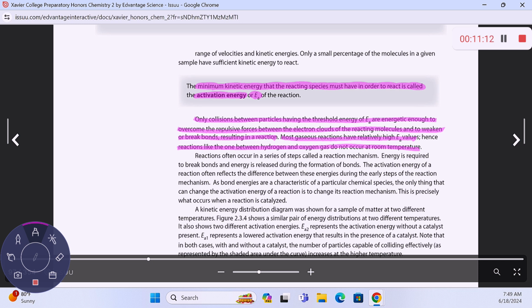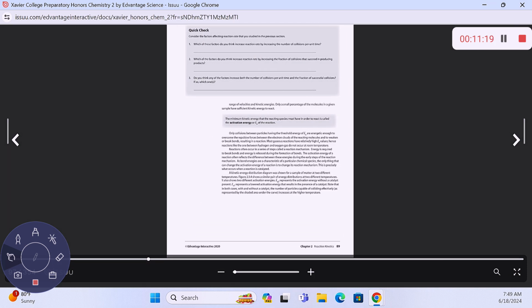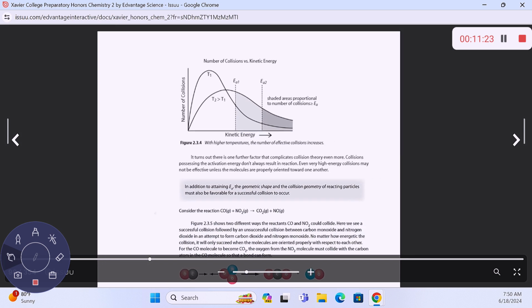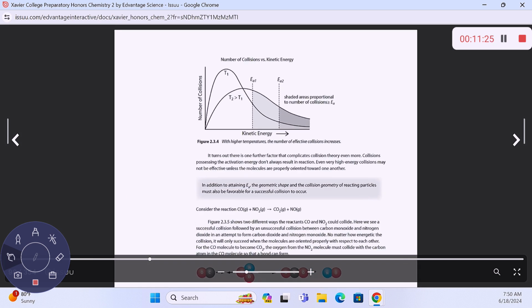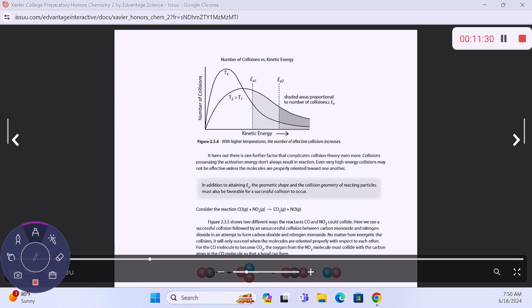And let's take a look at a graph that shows us what something like this looks like. So let's take a look at the next page. On the next page, they're showing you how the kinetic energy changes dramatically at different temperatures. So T1 is this curve right here.